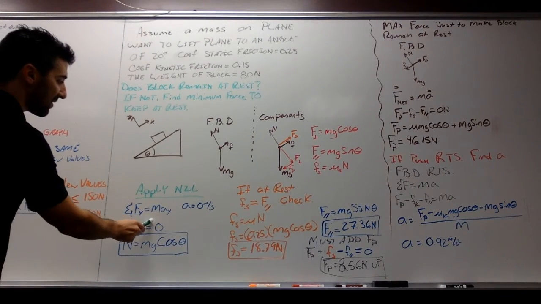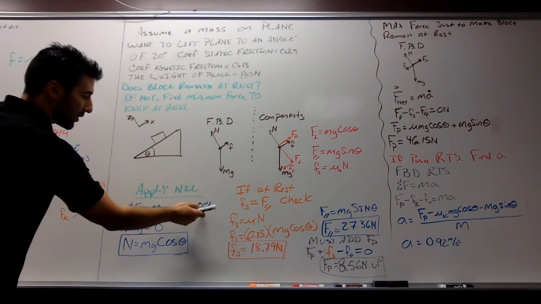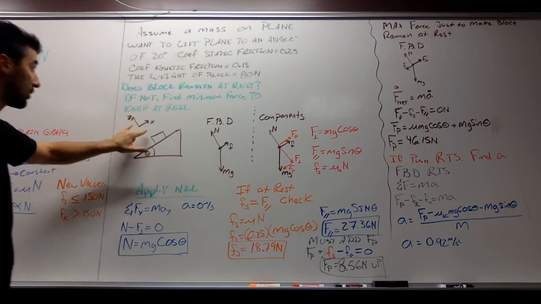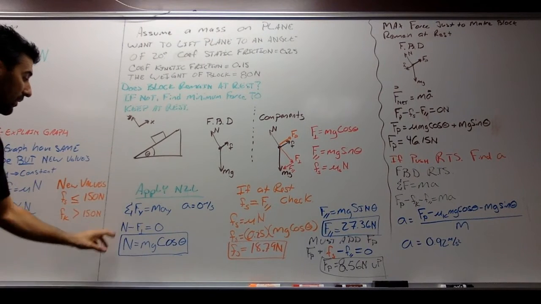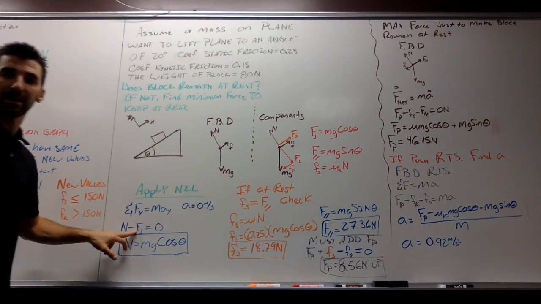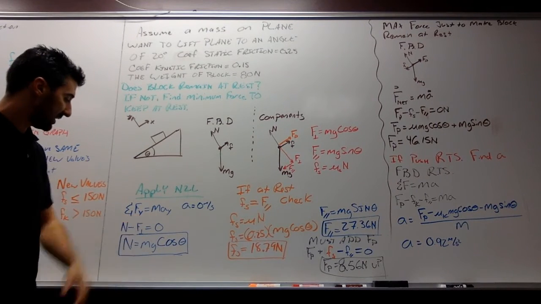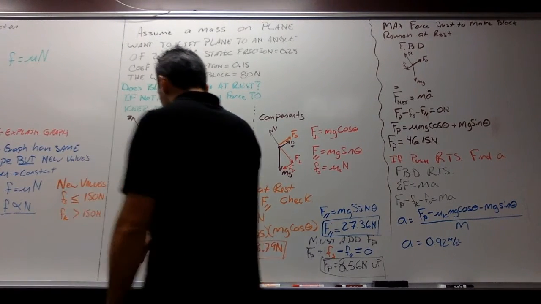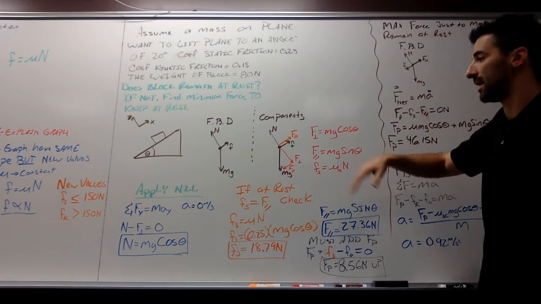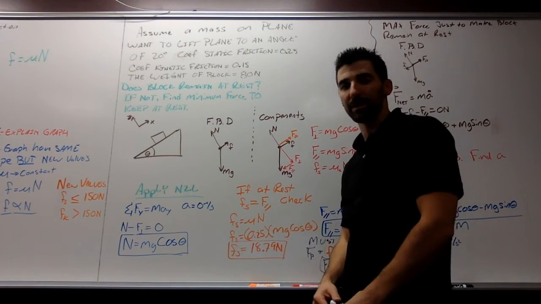I know my net force equals ma, and the acceleration wants to be equal to 0, especially in the y direction. Notice I do have an axis here. So the normal force minus my perpendicular component of gravity is 0. So the normal is equal to mg cosine theta, again pulling that from my perpendicular component.